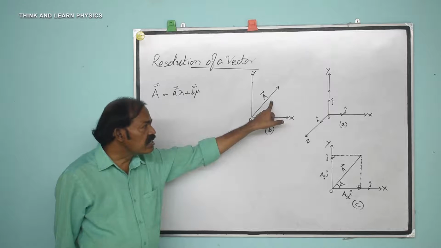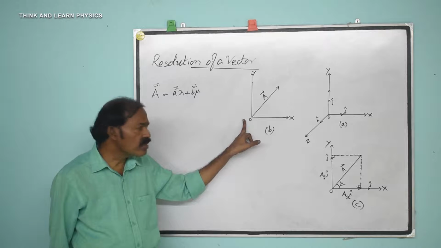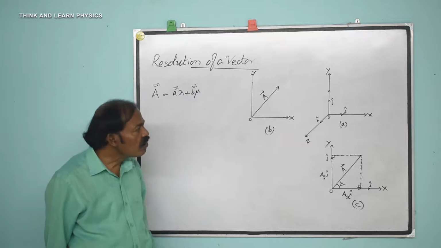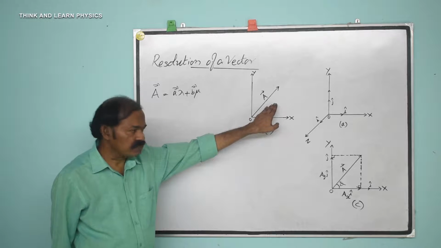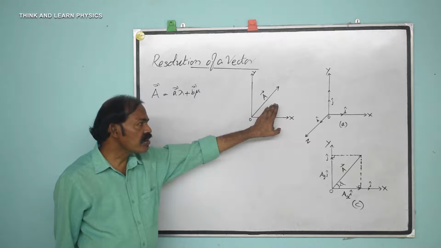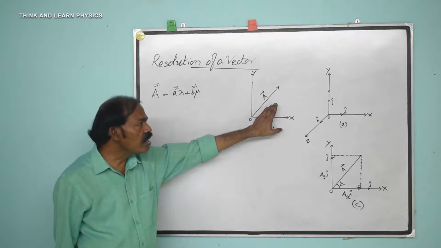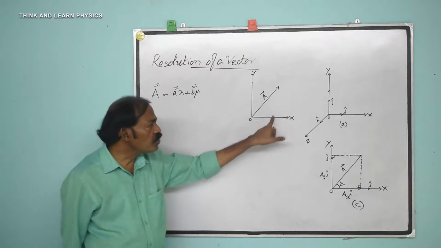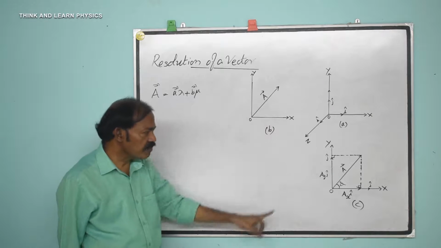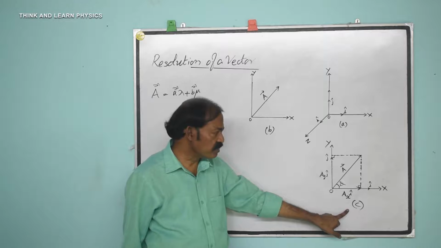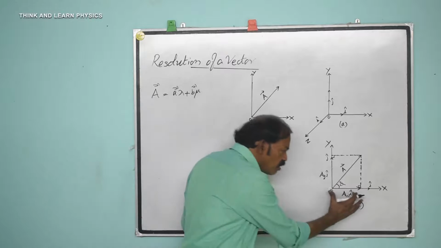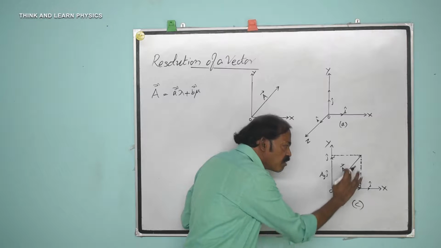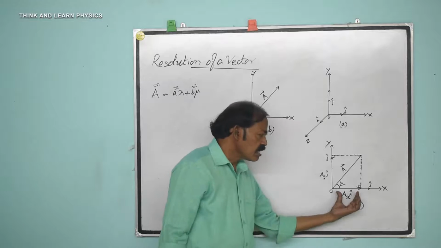Here the A vector is given and it is represented from the origin O in the XOY plane as in this figure. Now, in order to express this vector in terms of the unit vectors along the X and Y axes, we draw perpendiculars from the tip of this vector onto the axes OX and OY as shown in the figure. Now this length is the magnitude of the X component of this vector and it is given by Ax.